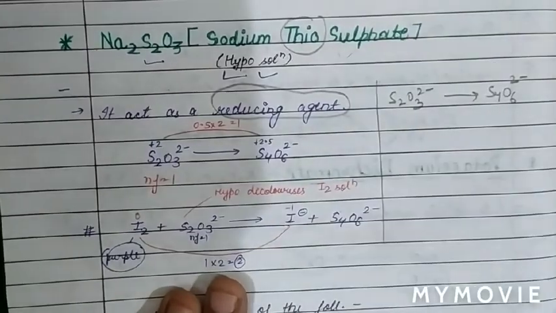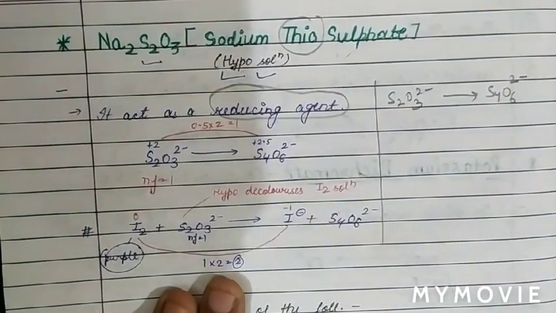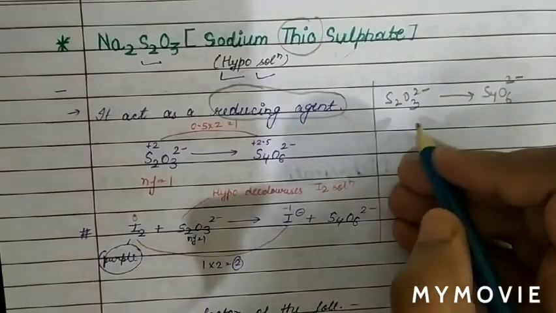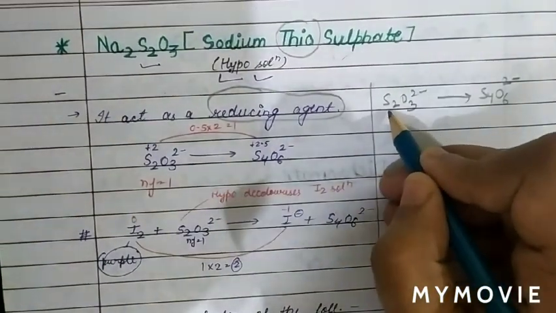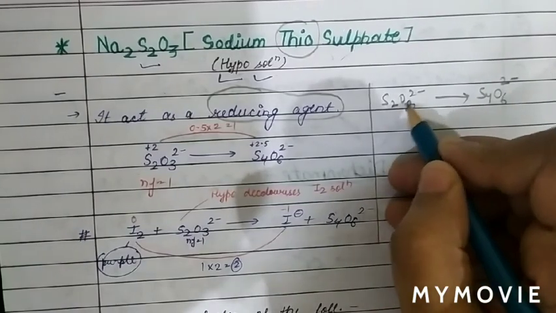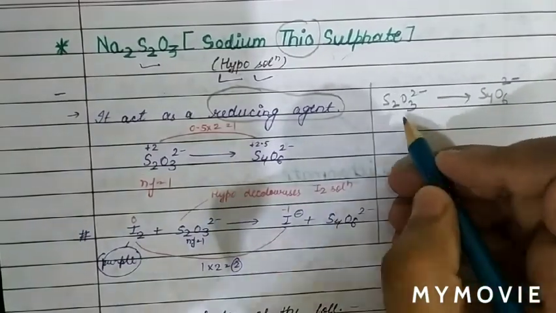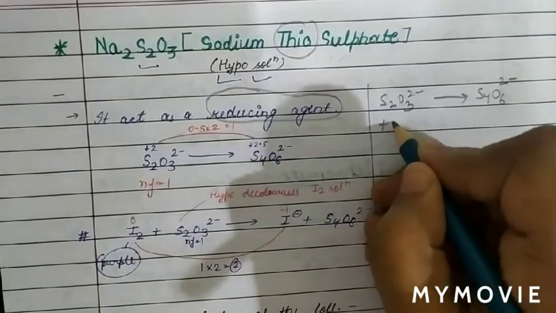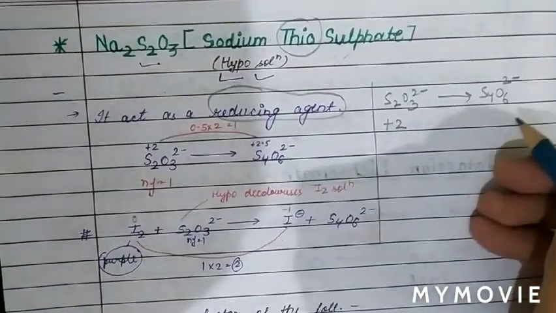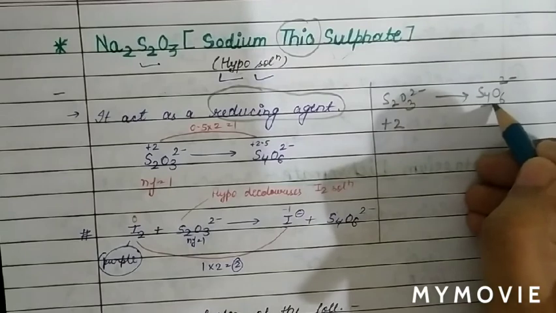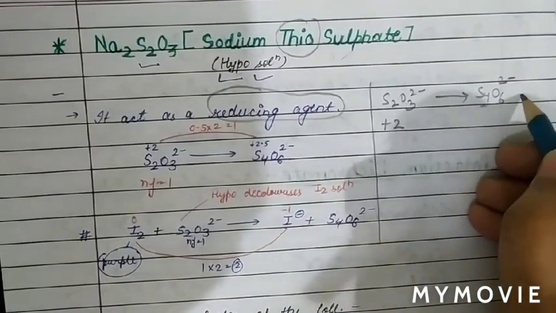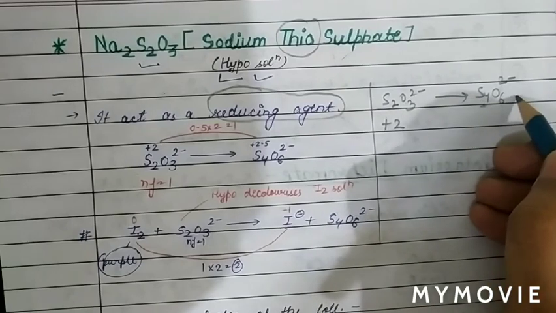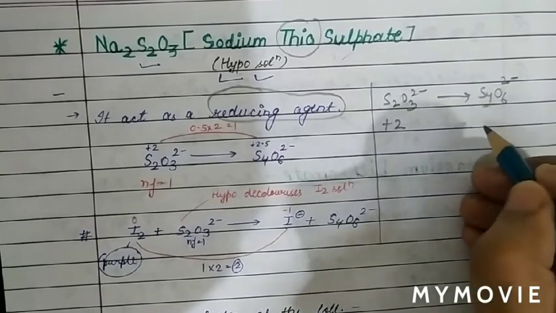So the change in oxidation number for one atom is 2 to 2.5, means 0.5. So for one atom change in oxidation number is 0.5. And always remember, overall change will be seen according to the number of atoms present in the left hand side. How many sulfur atoms are present in the left hand side? Not the right hand side, always see the left hand side.